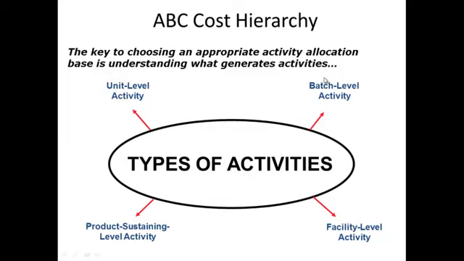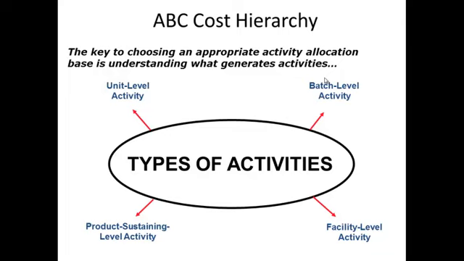There are other activities and costs associated with those activities that we engage in not with every unit and not even with every batch of units, but with every product line that we have. So those are product sustaining activities. An example of that would be engineering type activities that support an individual product line. And then finally, there are other costs and activities that are just there to support the entire production process. That's the facility level activity.